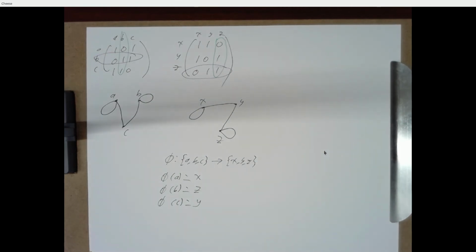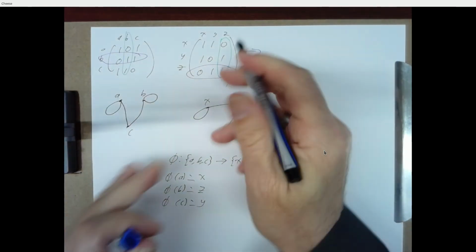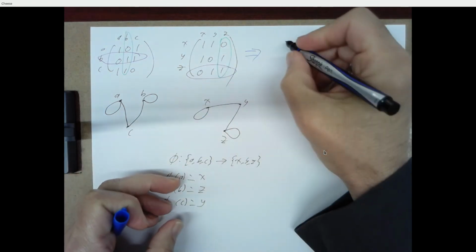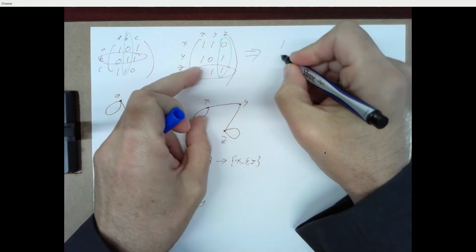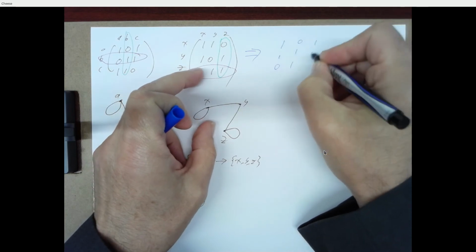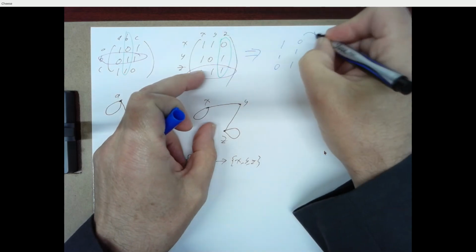If we take this matrix here, and we take the third row and the second row and swap those, right, so we've swapped these.